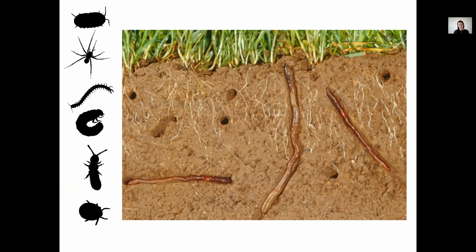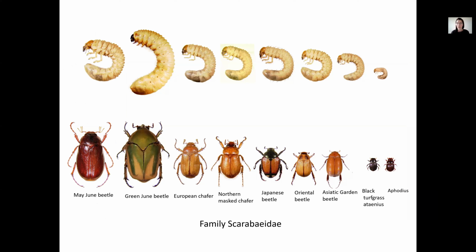So as I said, we're focused on listening to soil animals, and we're particularly interested in managed turfgrass systems. One of the focuses of our lab is managed turfgrass, such as golf courses, cemeteries, playing fields, things like this. And within this, we're specifically interested in pest species that cause damage to the turf that need to be managed.